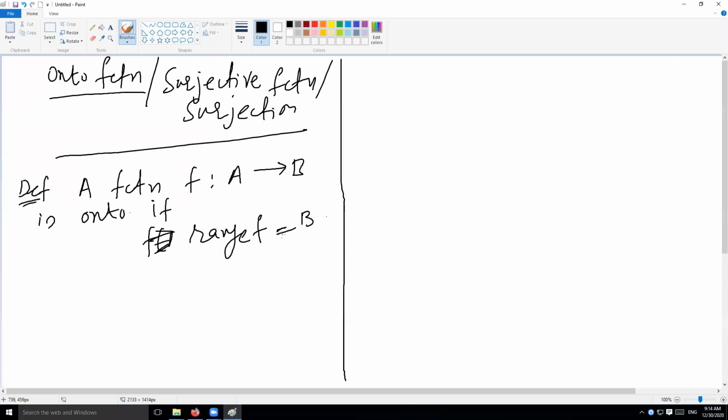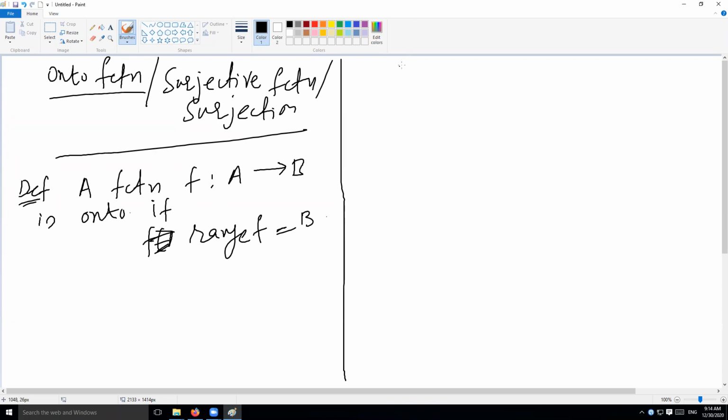So if you have such a function, you call that function an onto function.